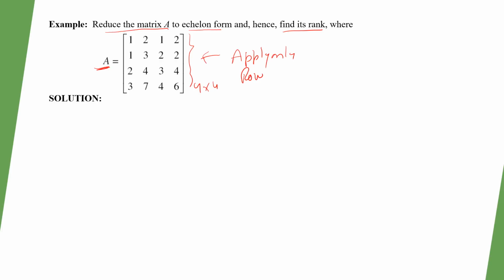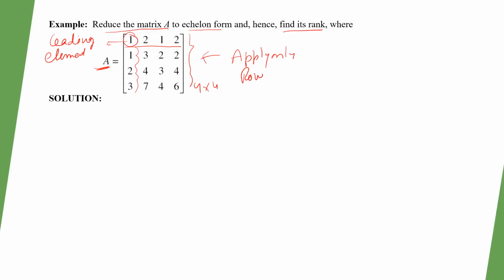So the first step, search the non-zero element of the first row, which is 1. If it is not 1, make it 1. This element is called the leading element. And the second property, all the entries below the leading element should be 0. So to make these elements 0, we apply row operations.